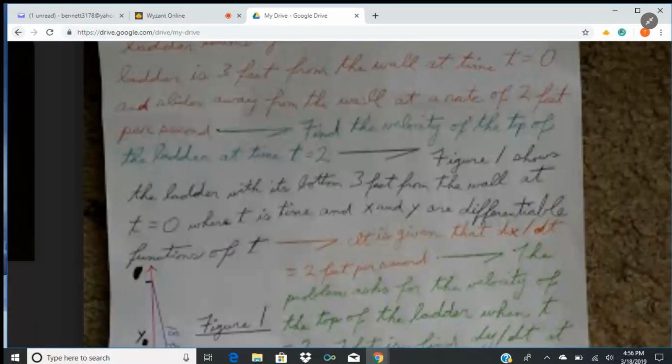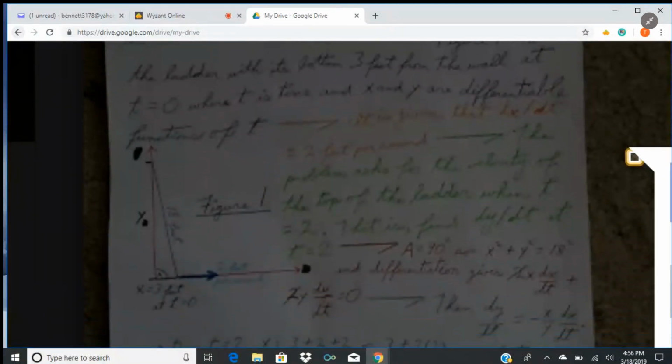Okay, figure 1 here in black. Figure 1 shows the ladder with its bottom 3 feet from the wall at t equals 0, where t is time, and x and y are differentiable functions of t. Now let me roll that up so figure 1 is visible. Here's your 18-foot ladder marked 18 foot. Again, it is kind of blurry.